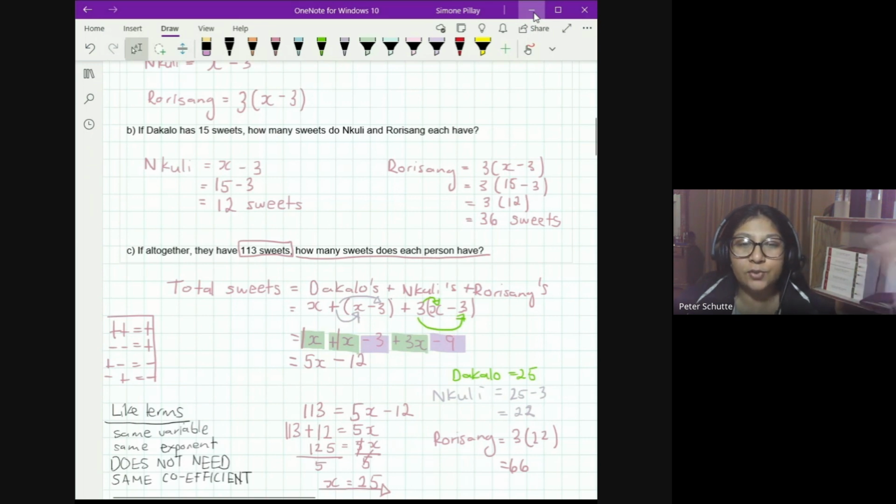We've now seen how to take a word problem, turn it into an expression when needed, and at the last bit, we turned our expression into an equation to solve for x. It's a little bit of critical thinking that we all need to apply.